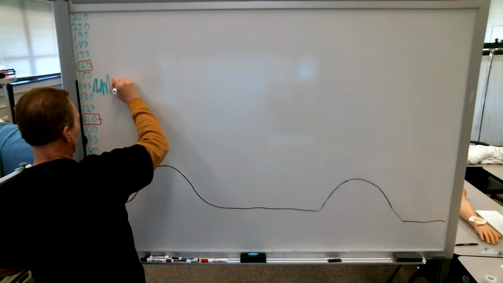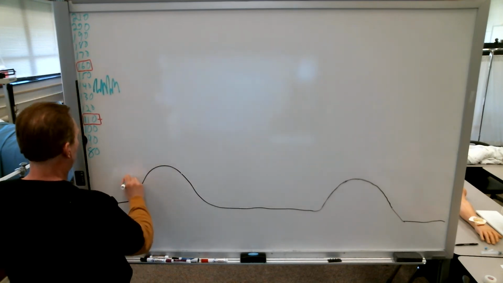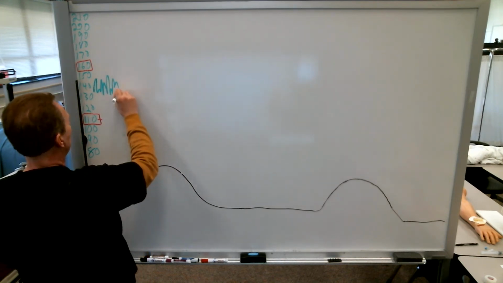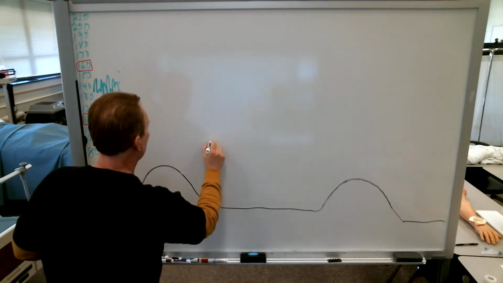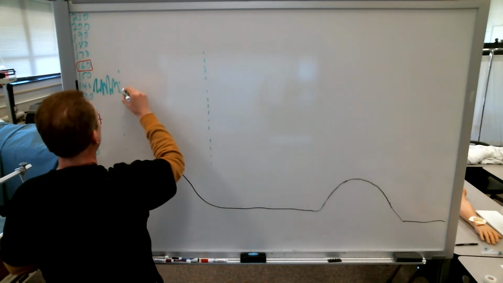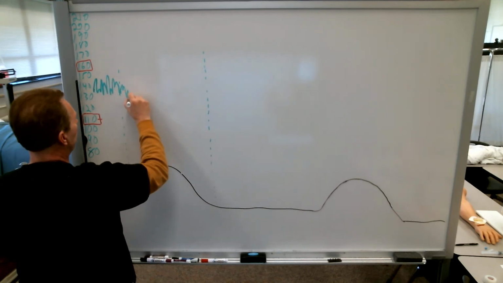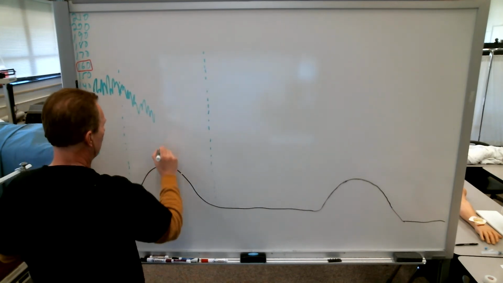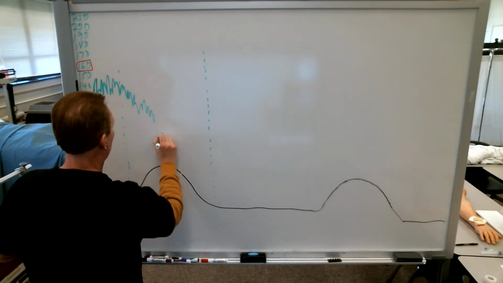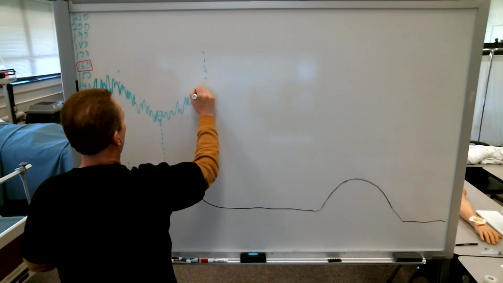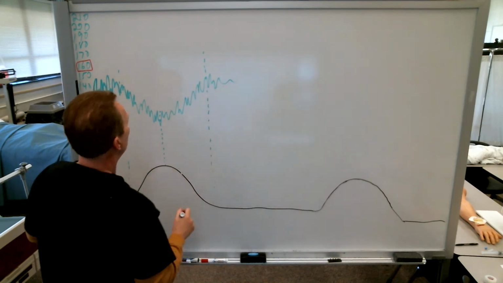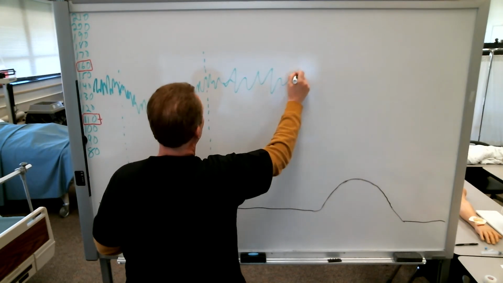So what happens is the baby's heart rate may be coming along through here, and I'm not the best artist in the world, and I know this is not a perfectly straight line, but it should be close. And so the baby's heart rate starts down, and continues on through here.